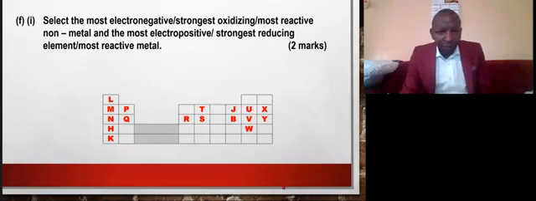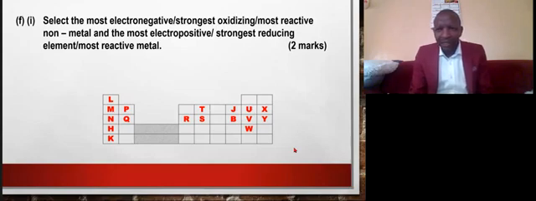When we're looking at the most electronegative or the strongest oxidizing agent, we are looking for the element that has the highest tendency to gain electrons. The strongest reducing agent, rather the most electropositive, you are looking for the element that has the highest tendency to do what? The highest tendency to lose or to gain?